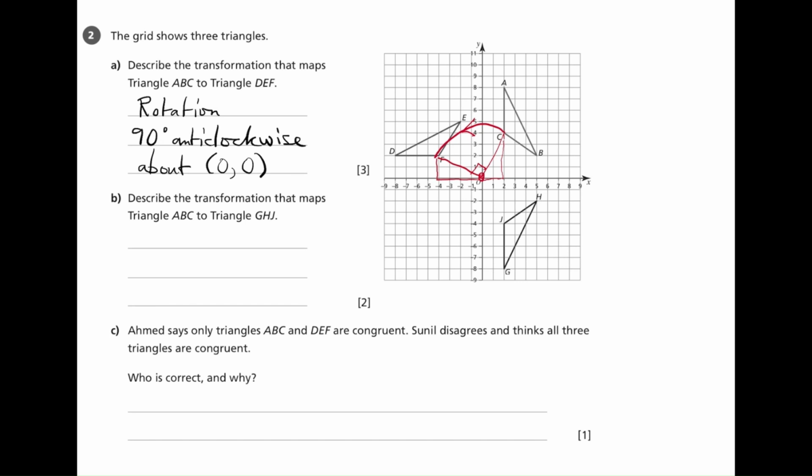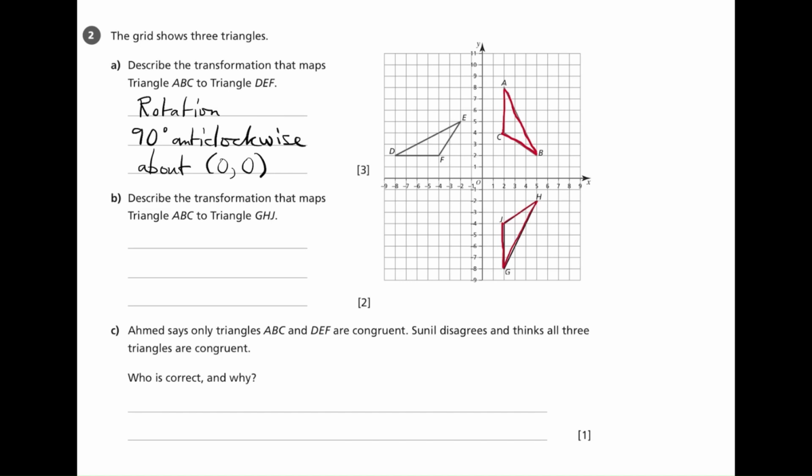Moving on to part B, we're now being asked to look at triangle ABC, but this time it has moved to triangle GHI. We can see that the triangle has turned upside down, so we assume it's most likely a reflection.